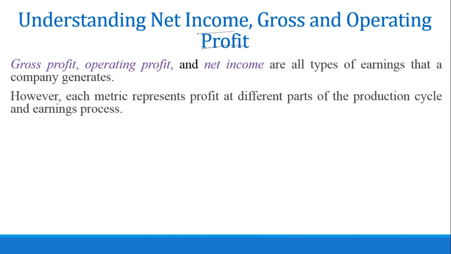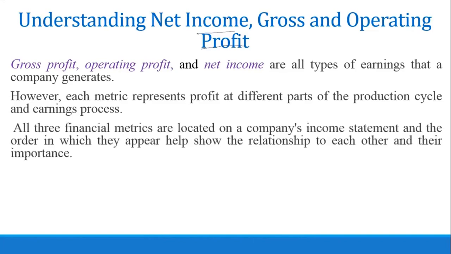Though both gross profit and operating profit fit this definition in the simplest sense, the kinds of income and expenses that are accounted for differ in important ways. Okay? Ayan. So, all three financial metrics are located on a company's income statement, and the order in which they appear helps show the relationship to each other and their importance.